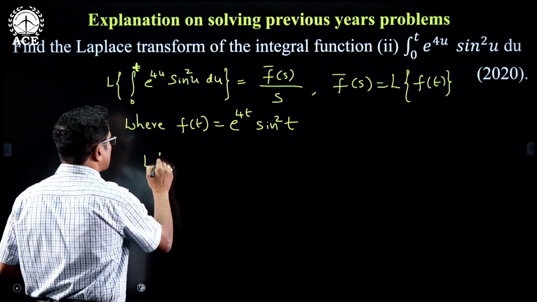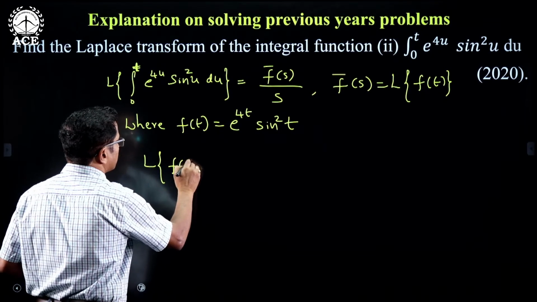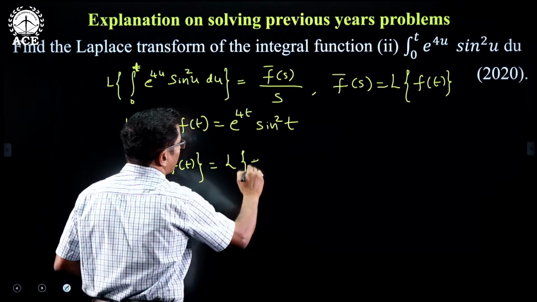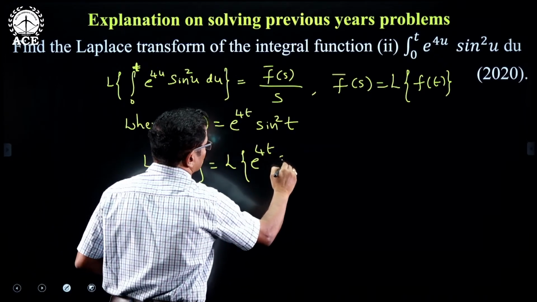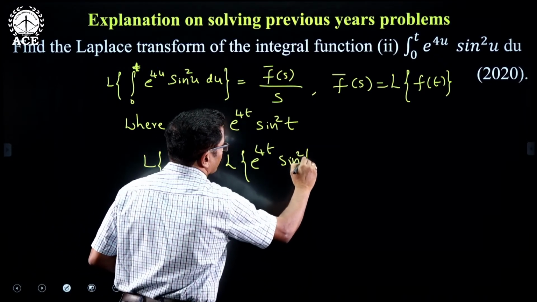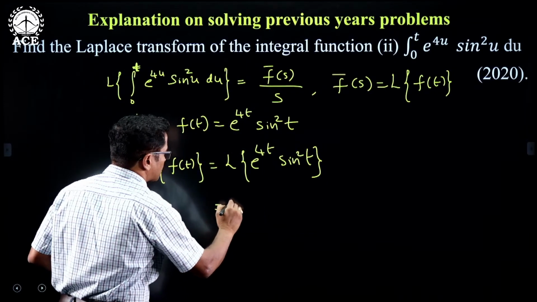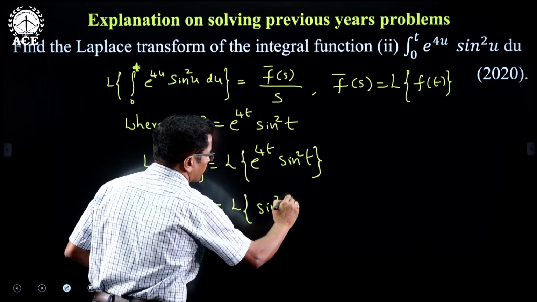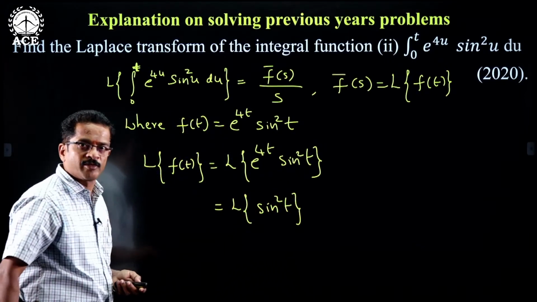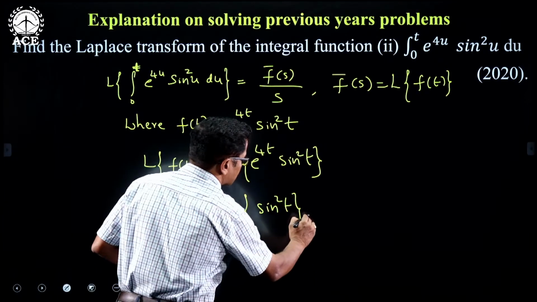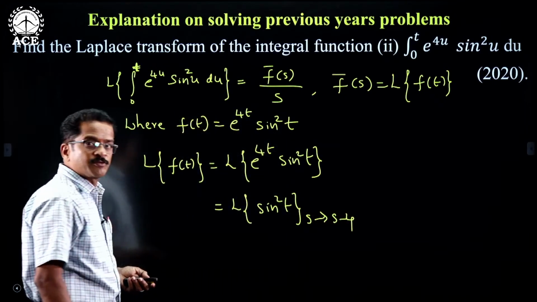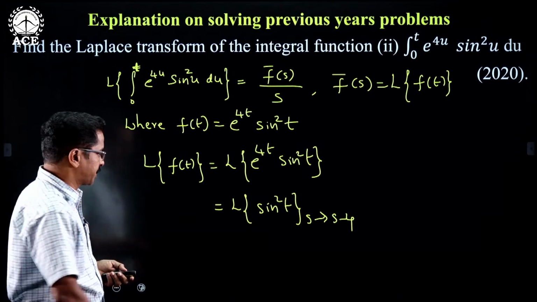Then Laplace transform of f of t equals Laplace transform of e power 4t sin square t, which equals Laplace transform of sin square t, where with the exponential function I shift s to s minus 4, where s is shifted to s minus 4 by first shifting theorem.